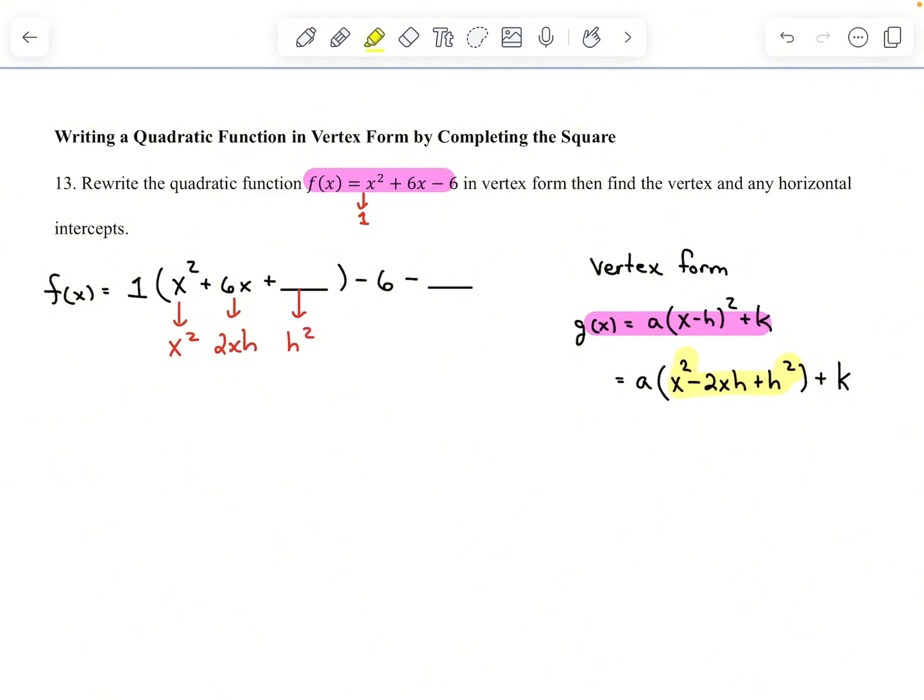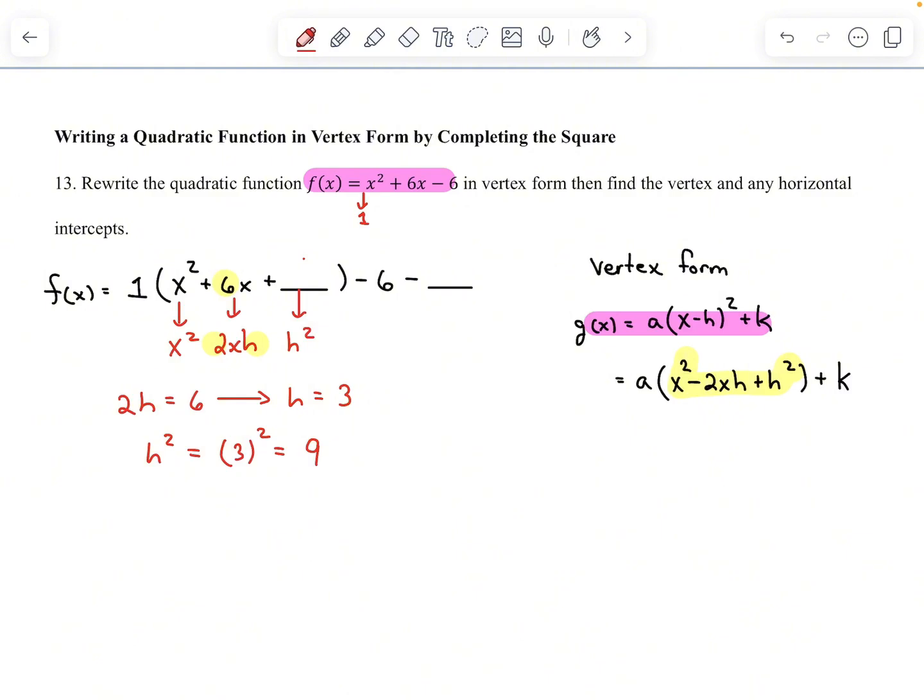To figure out the value of h, I'm going to set 6 equal to 2h. So we have 2h is equal to 6, which implies that h is equal to 3. That means h squared is equal to 3 squared, which is equal to 9.